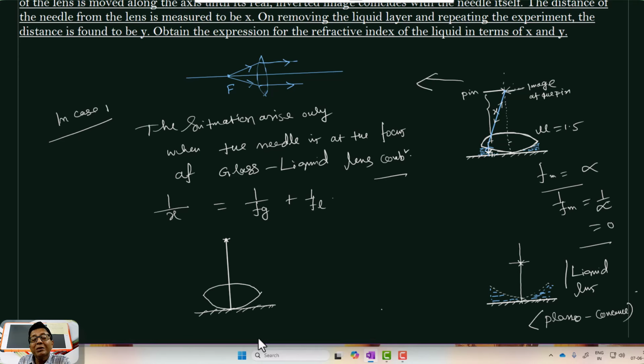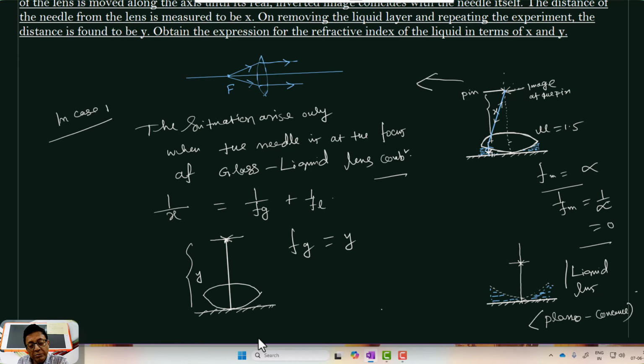What is Fg over there? When the liquid is removed, the distance becomes y, where the pin, the needle and its image coincide. So obviously it is going to be the focal length of the glass lens, that is Fg equal to y.